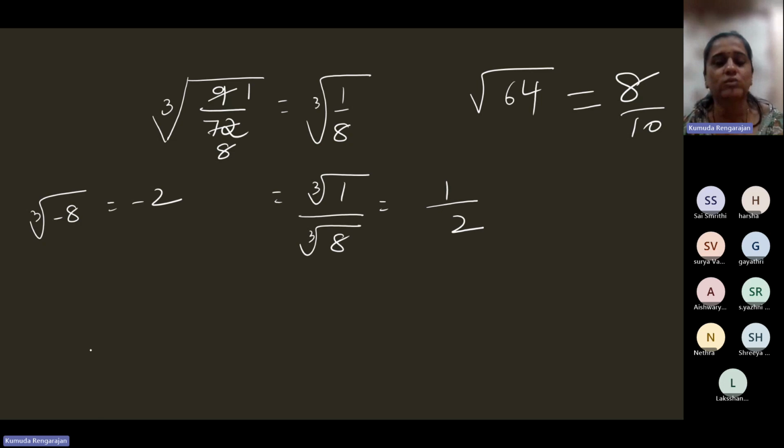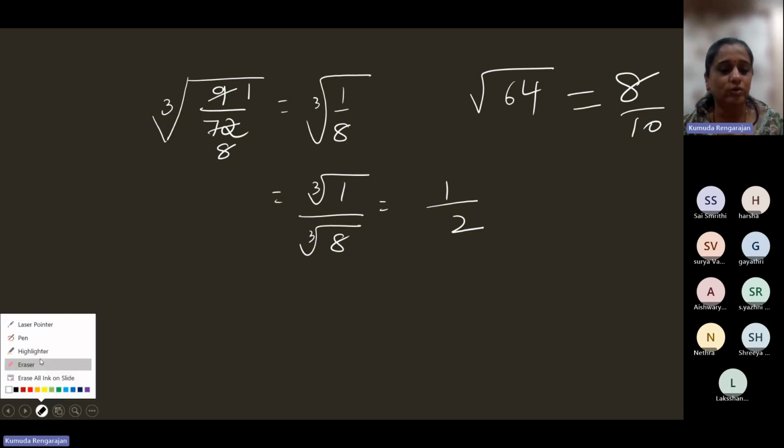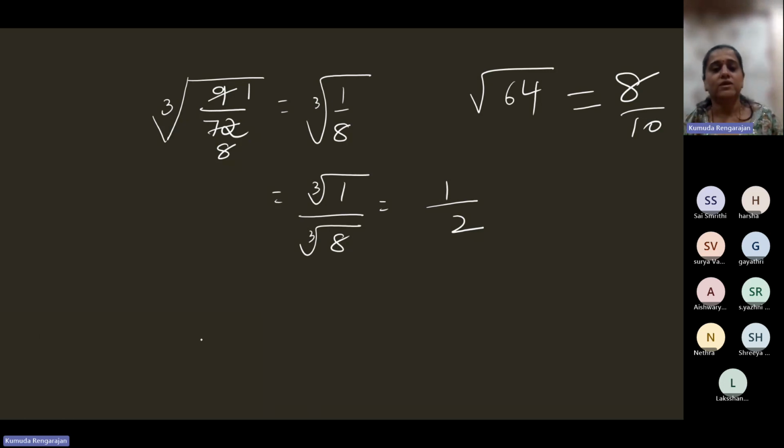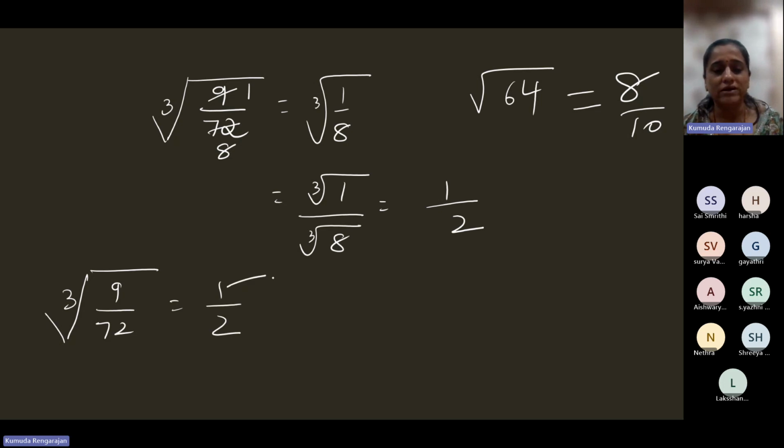Cube root of -8 is -2, because -2 into -2 into -2 is -8. Cube root can be negative or positive. So the value of cube root of 9/72 is 1/2. 1 is an integer, 2 is also an integer. Integer by integer is a rational number.